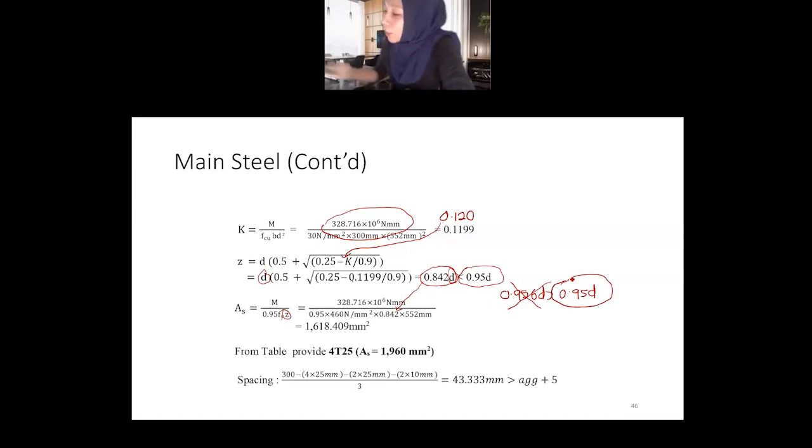You will not use this value, you will use this one. That's why we compare with 0.95. If it is less, we use the value we got, which is lesser than 0.95D. If the value you get is bigger than 0.95D, we use 0.95D instead when we calculate for steel area, or As. That is the rule.